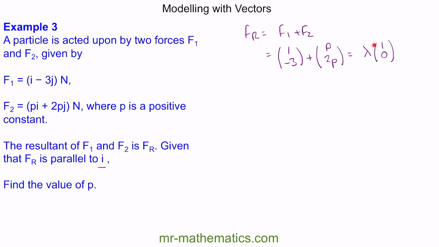So 1 in the i direction and 0 in the j direction. Now we don't need to worry about the i component because we can work out the p component from the j direction. So minus 3 plus 2p will equal 0 lambda, or just 0. So 2p will equal 3, which means p will be 3 over 2.